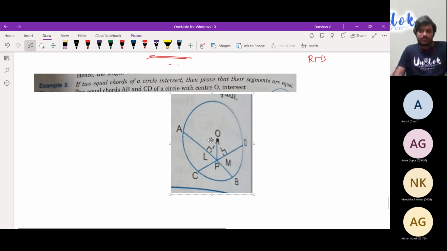So do it in that perspective. If two chords of a circle intersect, then prove that the segments are equal. You have to prove the segments are equal by proving BP is equal to CP and AP is equal to DP.